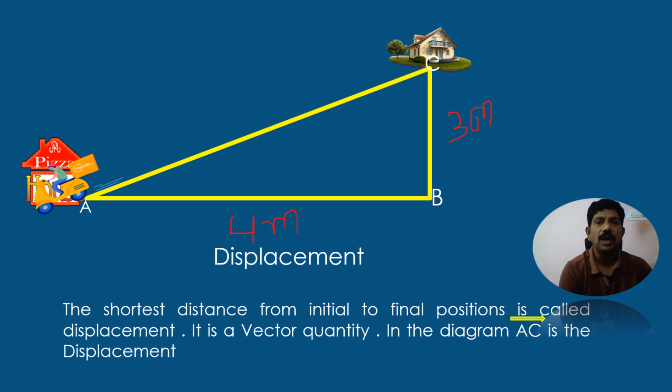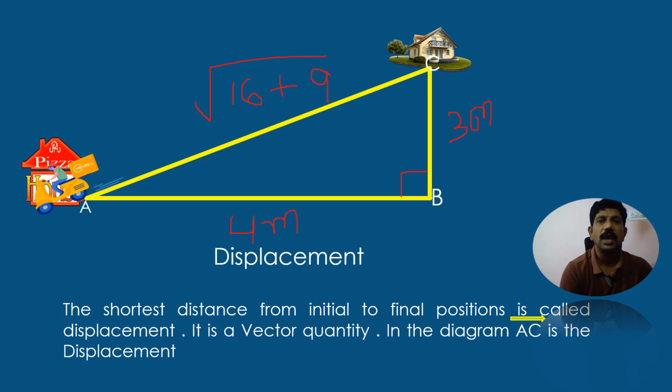So, what is the shortest distance here? Apply the Pythagoras theorem. AC is the square root of 4 squared, which is 16, plus 3 squared, which is 9. This is a right angle triangle. AC is the hypotenuse.